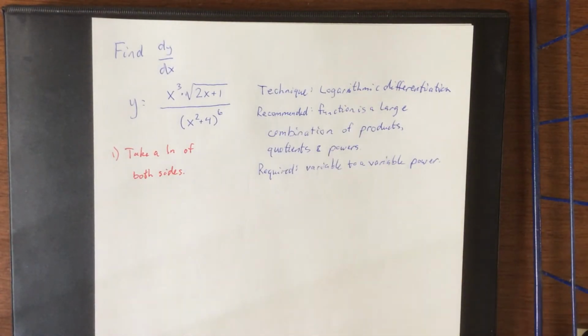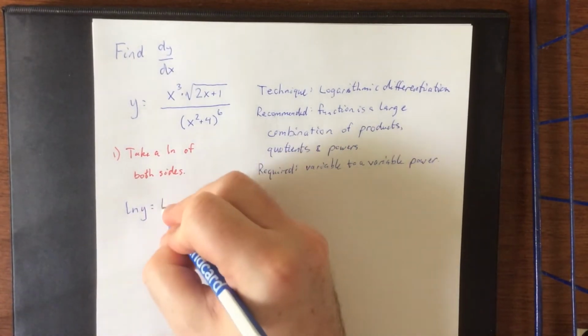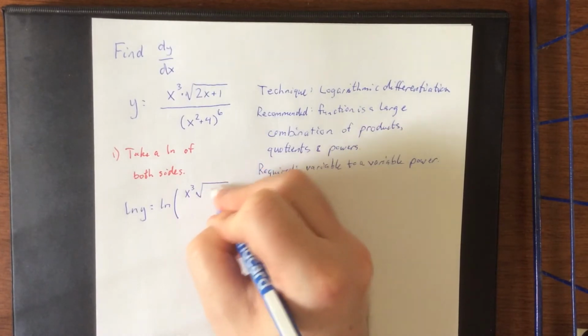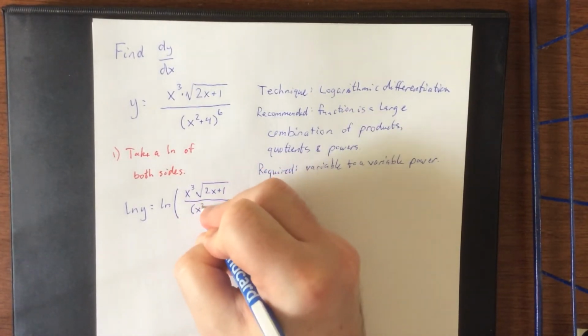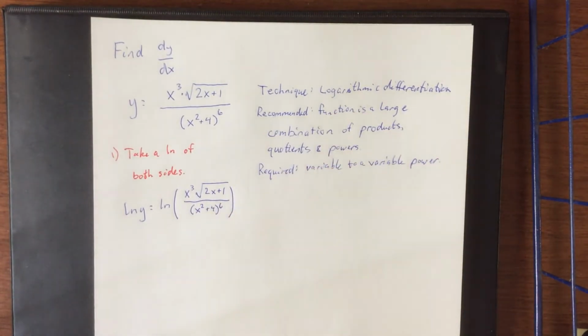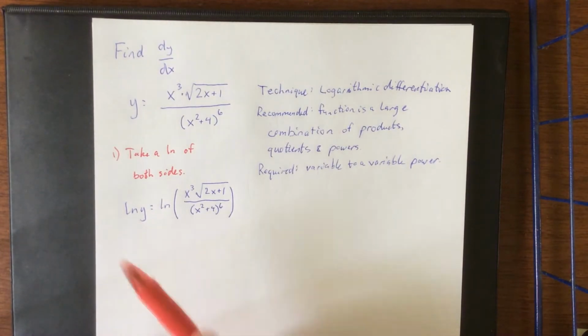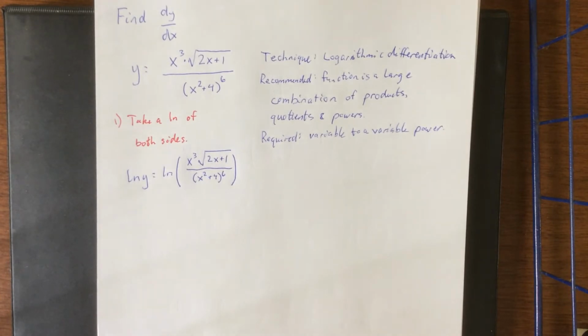So on the left-hand side, we would get simply the natural log of y, and on the right-hand side we would get the natural log of this very large combination of products, quotients, and powers. This function is now technically implicitly defined because we don't have y by itself on one side of the equation. We now have the natural log of y on one side of the equation.